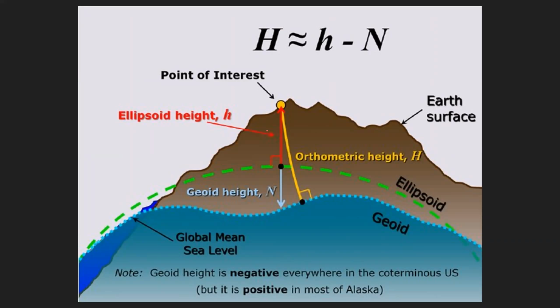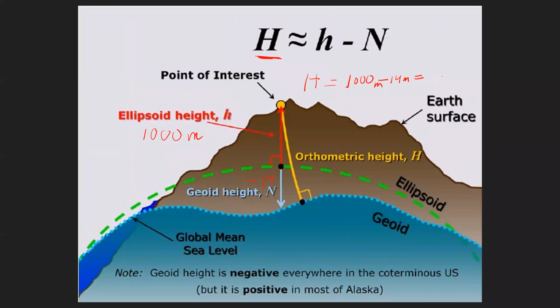So if we want to do a calculation, we take our GPS unit, and it tells us, say, that our ellipsoid height is, we'll keep it simple, 1,000 meters. We know our geoid height in the US, say in Colorado, is negative 14 meters. If we want to calculate our actual height, h is going to be our orthometric height. We say h is equal to our ellipsoid height, 1,000 meters, minus our geoid height, minus 14 meters.